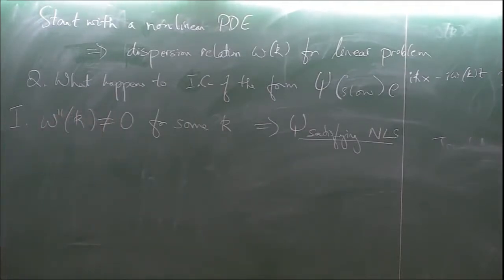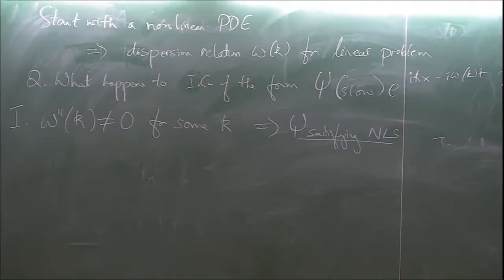Yes? Sorry, you're going to have to speak louder. Precisely. Omega double prime is not zero, so omega double prime of k is not equal to zero for some k, at least.